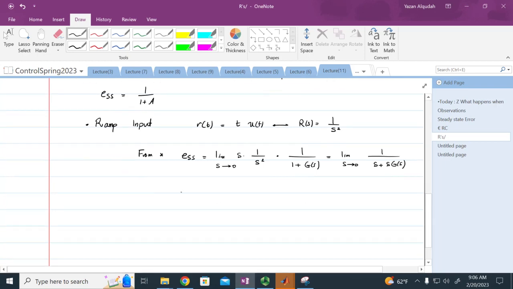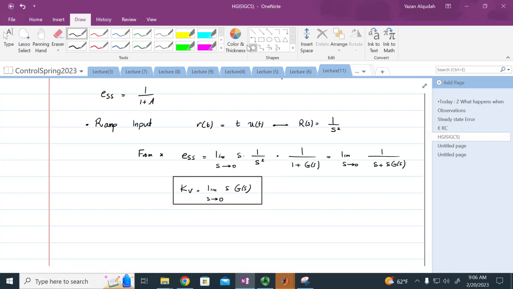We're going to define kV as the limit as s goes to 0 of s multiplied by g of s. And therefore, continuing on the side there again, what is this limit going to equal to? When s goes to 0, s is just a 0.